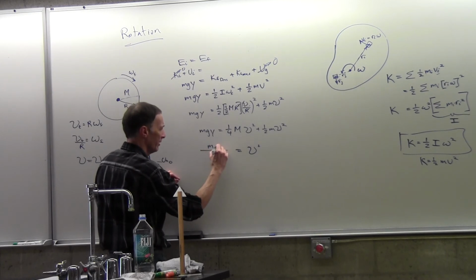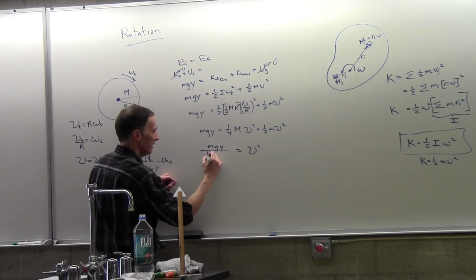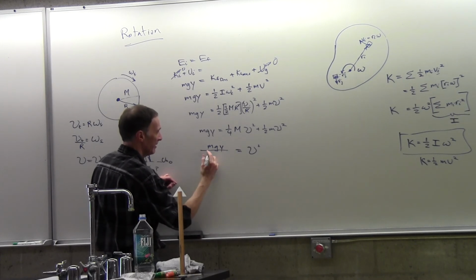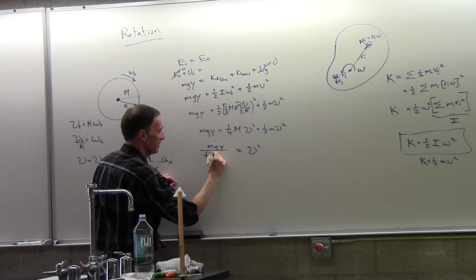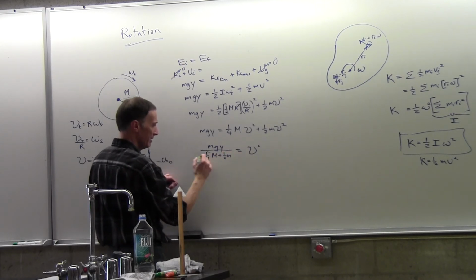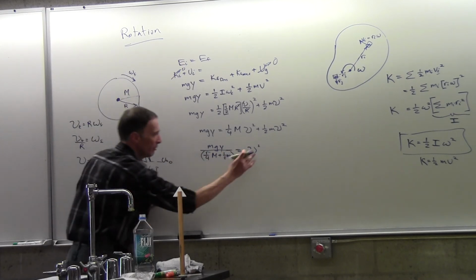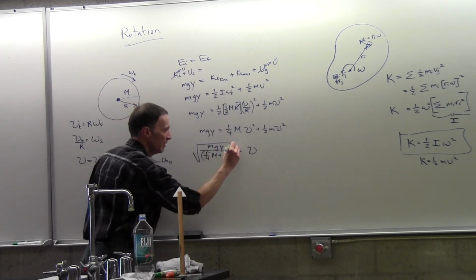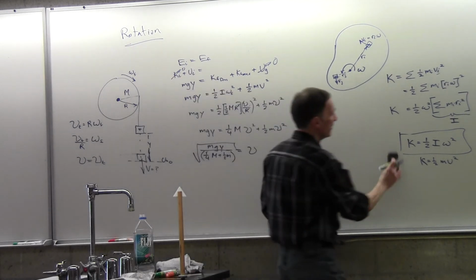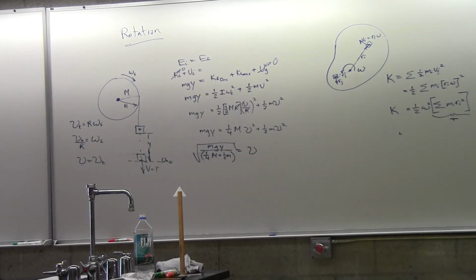I thought that looked a little weird, and you got to watch me, I do these things. My dyslexia here, it is 1/2 m. So I think I got it right this time, and then with the square root we can do that. Okay, yeah, thanks. And I wanted to leave that up there.